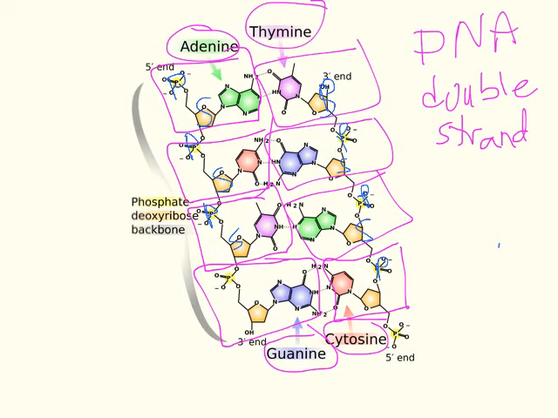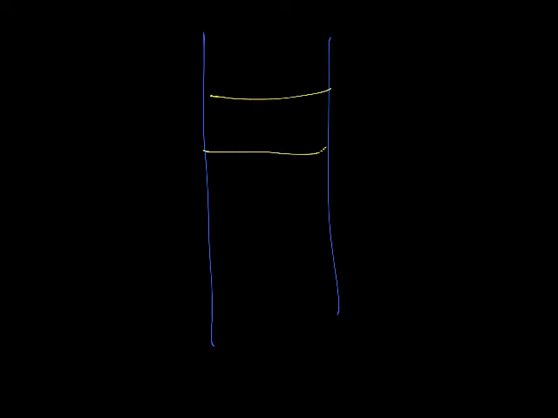The middle of the molecule is made up of 2 nitrogen bases bonded together. What we'll see is that DNA kind of looks like a giant ladder with, again, phosphates and sugars on the sides, and then the nitrogen bases in the middle.